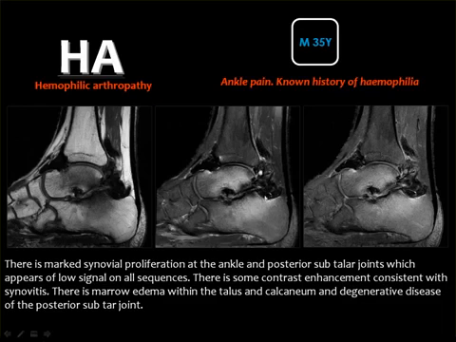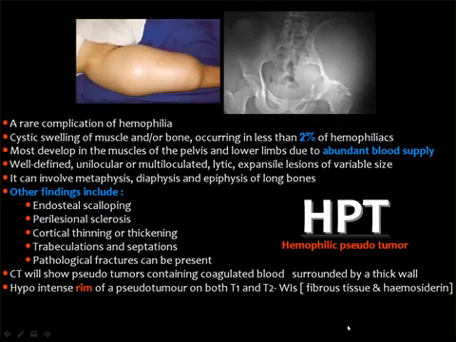And these lesions are black in the T1 and black in the T2, and they will not enhance if you inject contrast material in most of the cases. Then with the clinical picture of a patient with known hemophilia, you consider these appearances diagnostic of hemophilic arthropathy.